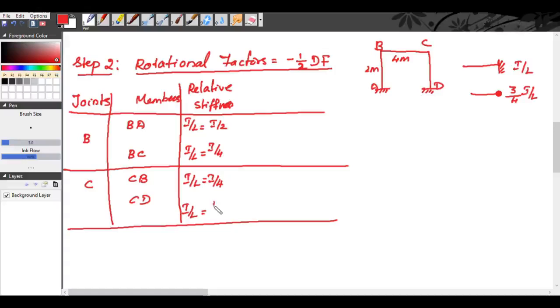For CD, I by L is equal to I by 2. So relative stiffness is represented by small k. Now we will take the summation of the relative stiffness at every joint, that is sigma k. I by 2 plus I by 4, we get 3I by 4.